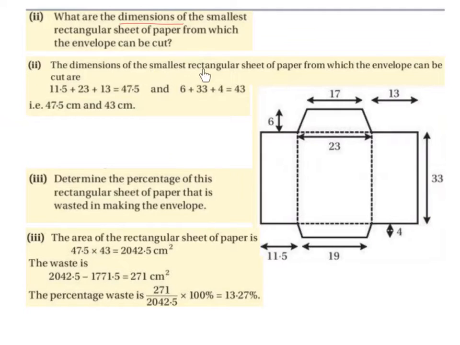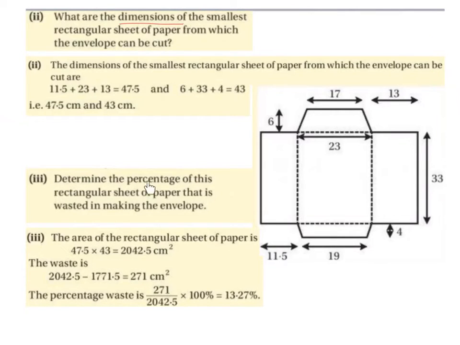So the dimensions of the smallest rectangular sheet of paper from which the envelope can be cut are 11.5 plus 23 plus 13, which gives us 47.5, and 6 plus 33 plus 4, which gives us 43. So that is 47.5 centimetres and 43 centimetres.